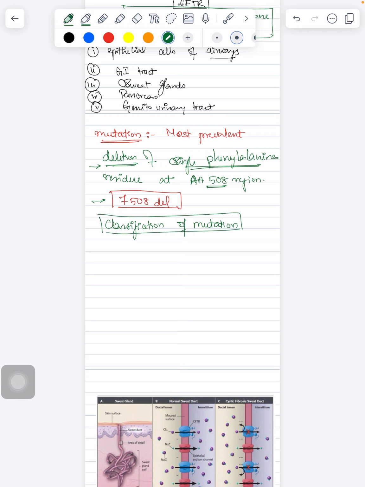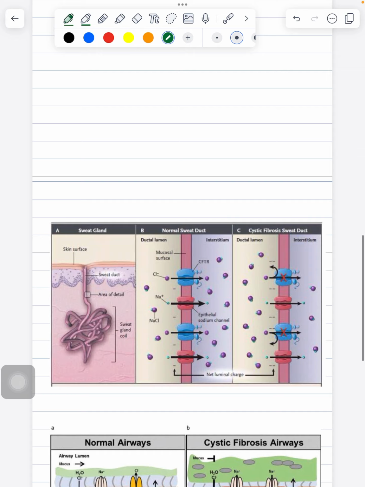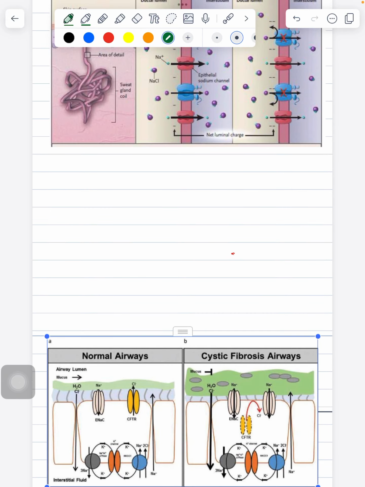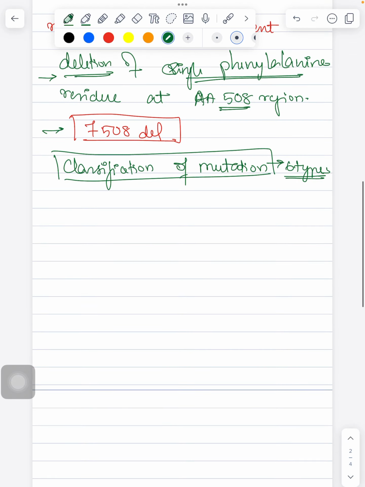We have 6 types of classification: type 1, type 2, type 3, type 4, type 5 and type 6.